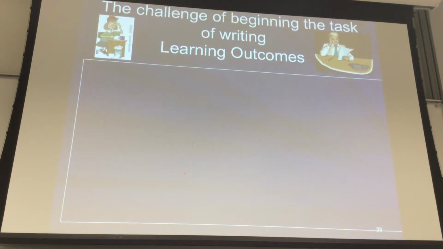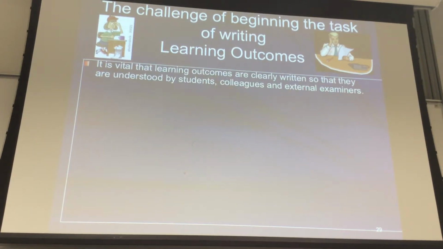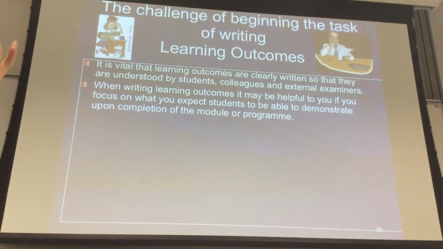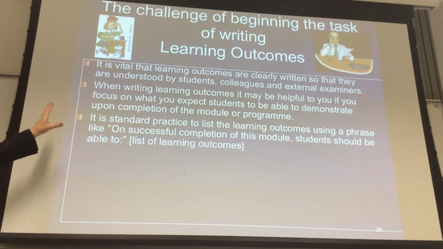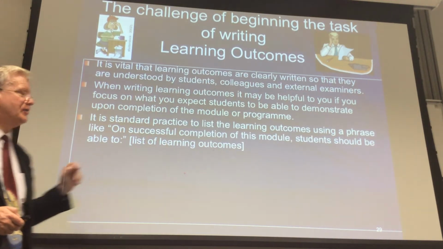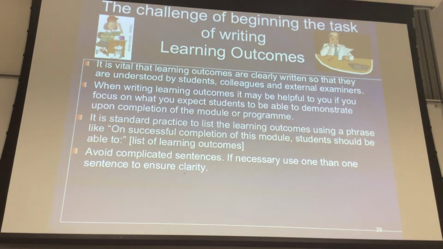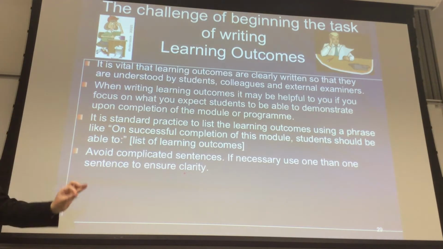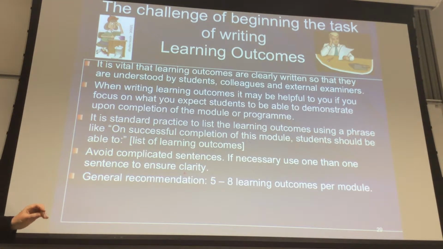So what is the challenge that we have of writing learning outcomes? It's very important that we write them clearly so that everybody understands. It's good in your university if you have a leader in type of statement. It's important you keep the sentences short and clear.